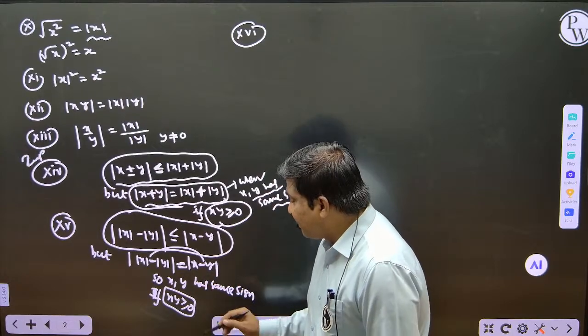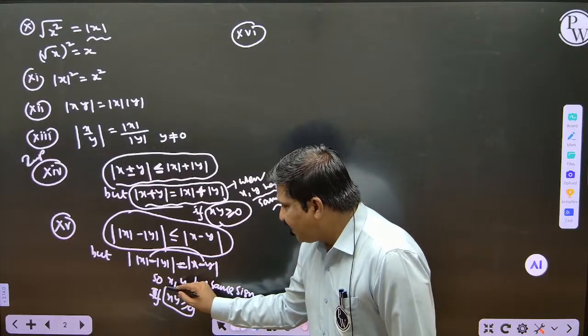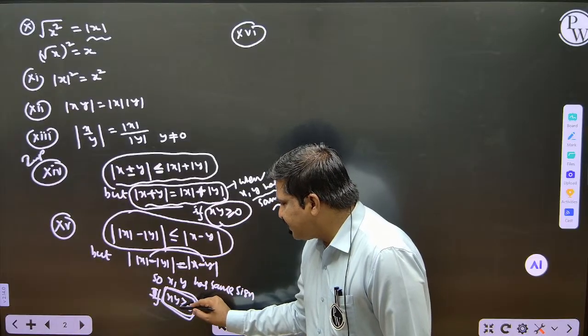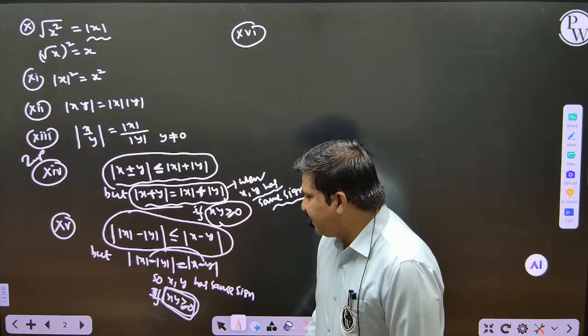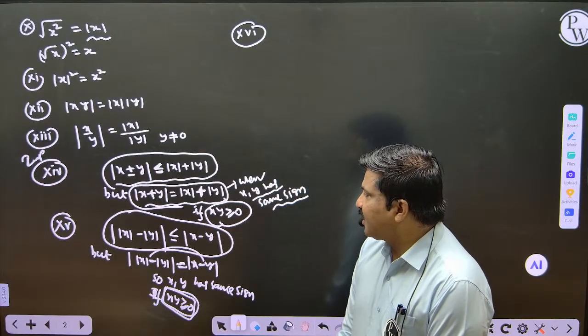Whenever this equality holds, x comma y have the same sign, which means xy is greater than or equal to 0 is the condition.